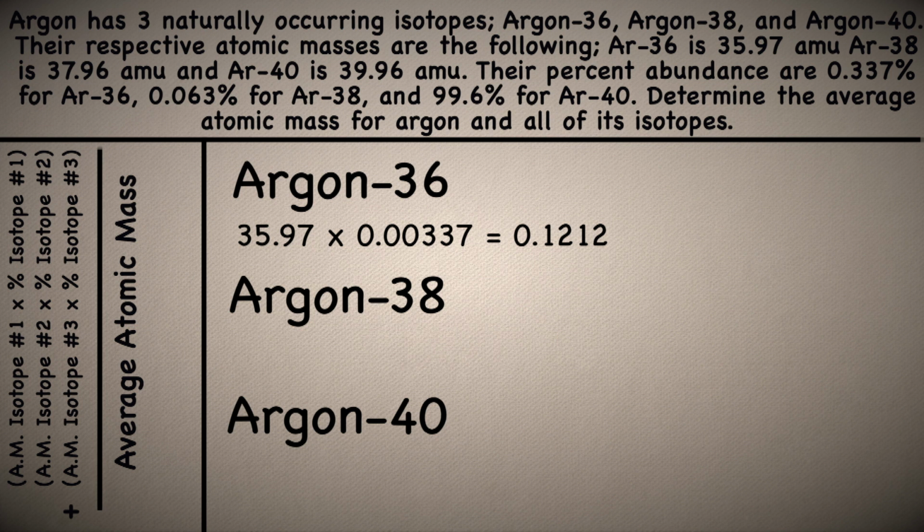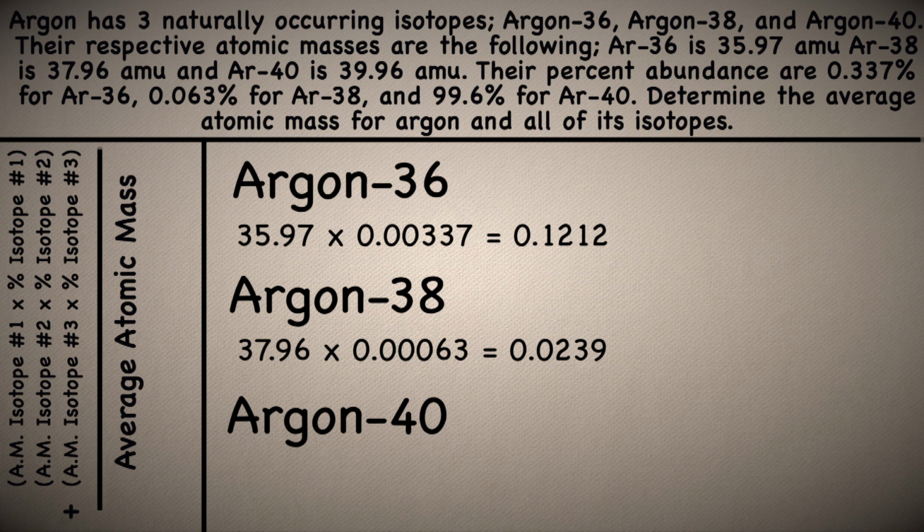Let's go to argon 38. Its atomic mass is 37.96. Once I convert its percent to a decimal, I get 0.00063. So 37.96 times 0.00063 gives me 0.0239.